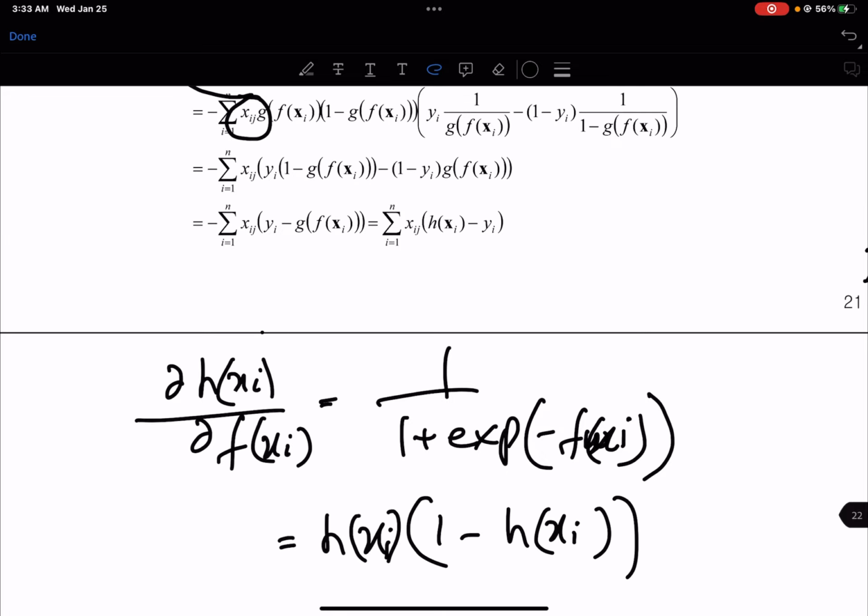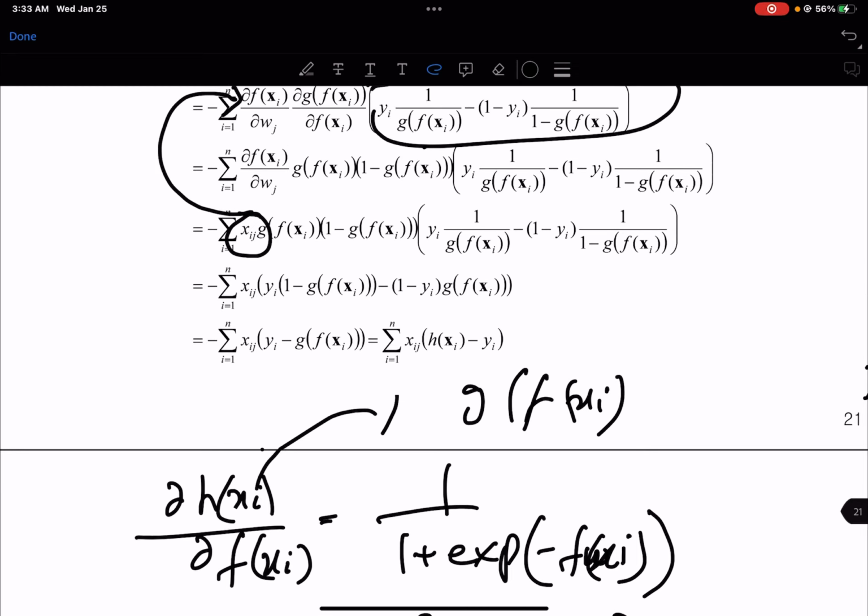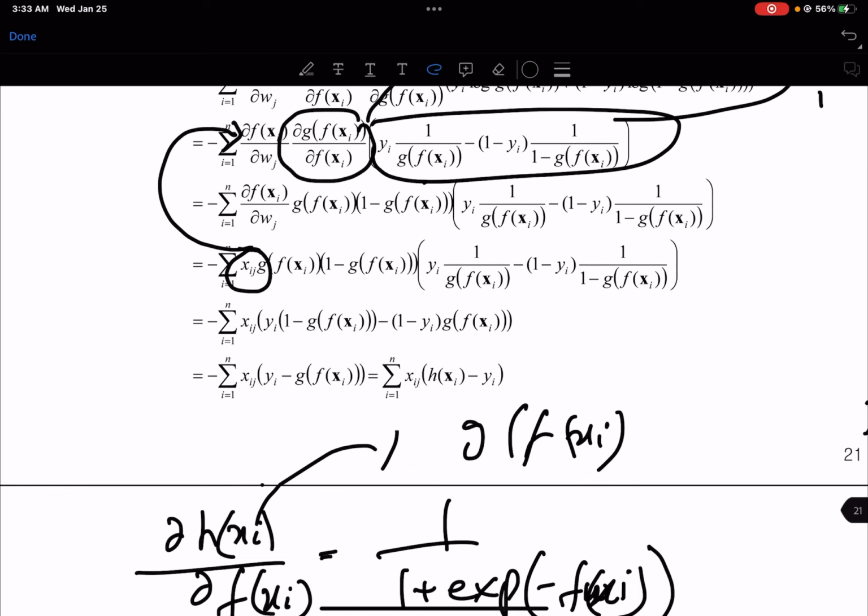Similarly, this h of xi is replaced with g of f of xi. So the derivative of this part is g of f of x times 1 minus g of f of x.